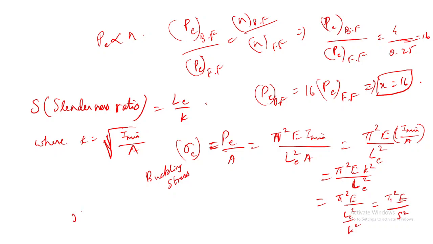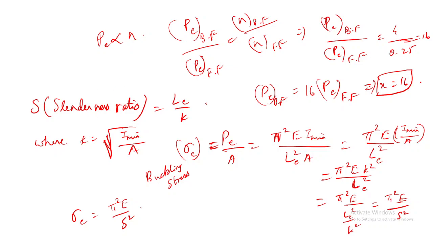So therefore, buckling stress equals pi square E divided by S square, where S is the slenderness ratio. Sir, how is K square, how is area going to the numerator?